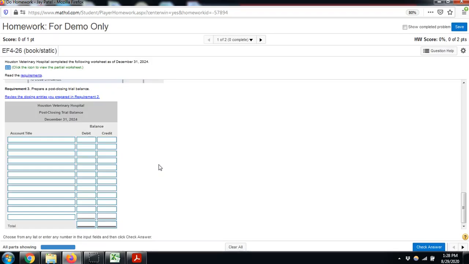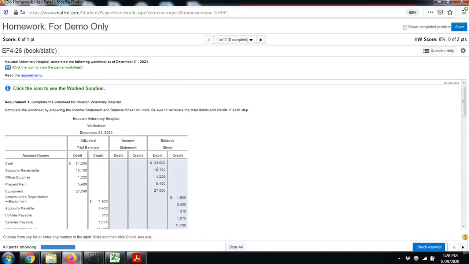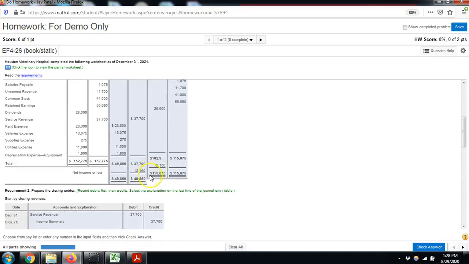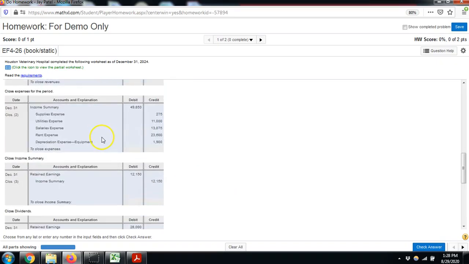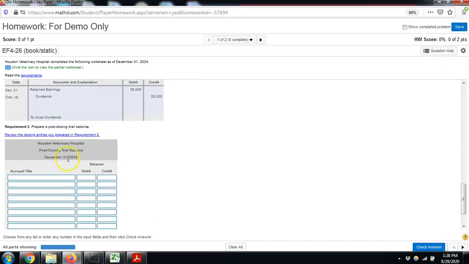Okay, so now we have our post-close trial balance. Essentially we're just going to have all of our balance sheet accounts and then the final retained earnings balance after we did all these closing entries. So let's quickly transfer these over.